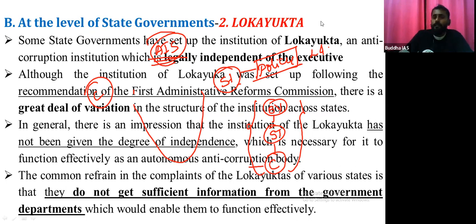But the most important thing that happens is that in any state, at the top, you have got IPS. It is the IPS who are ruling. Similarly, with respect to all departments, whether it's revenue or any department, at the top of all departments, you are having All India Services.